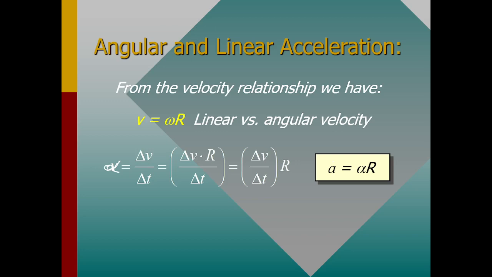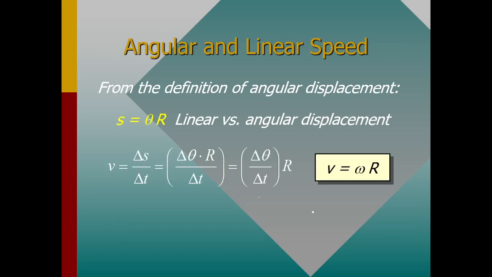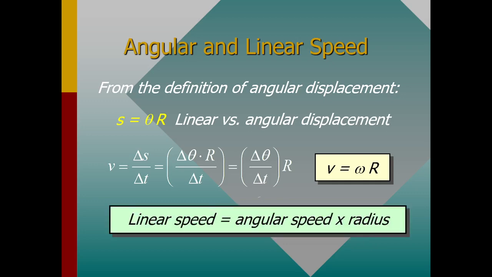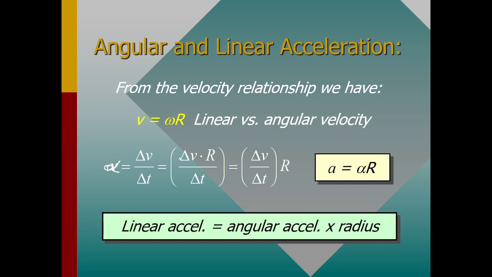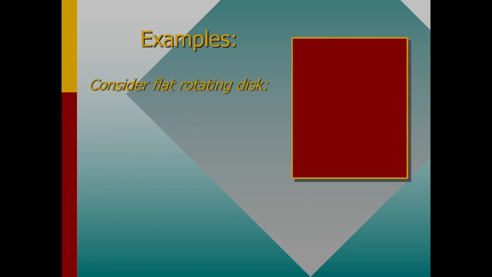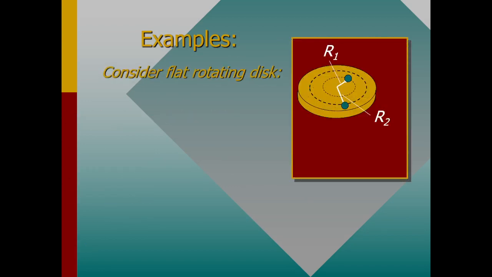So the linear acceleration is equal to the angular acceleration times the radius. It is the same as before, just that where there is linear velocity we put acceleration, and where there is angular velocity we put angular acceleration. So that's the formula. Let's look at the examples.